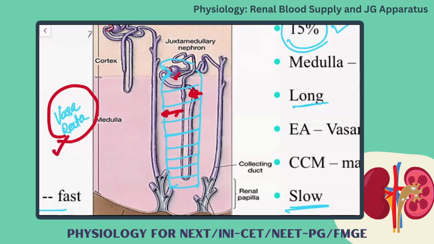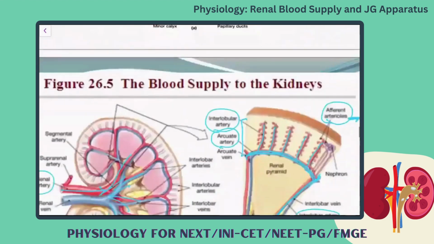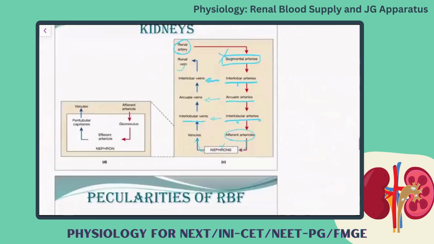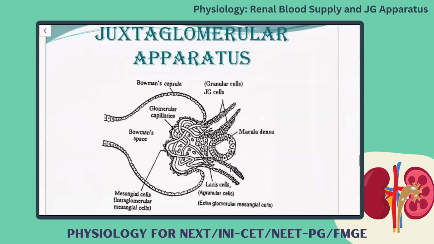A simple concept, but this is how it is arranged. This vasa recta plays a major role in the countercurrent mechanism. Okay, clear? And now we will move on to the formation of urine. Before that, we will see another structural representation, the juxtaglomerular apparatus.